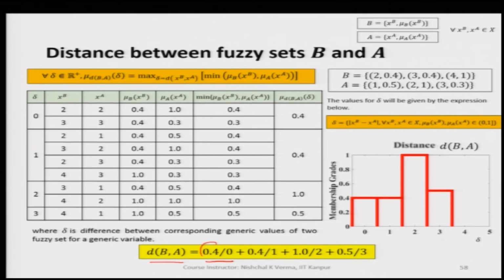So, 0.4 is the mu corresponding to delta, and this delta here is 0.